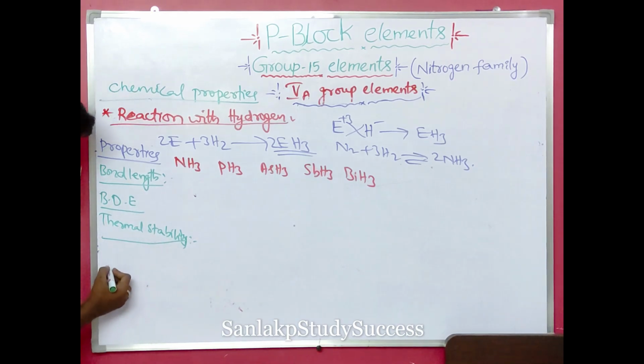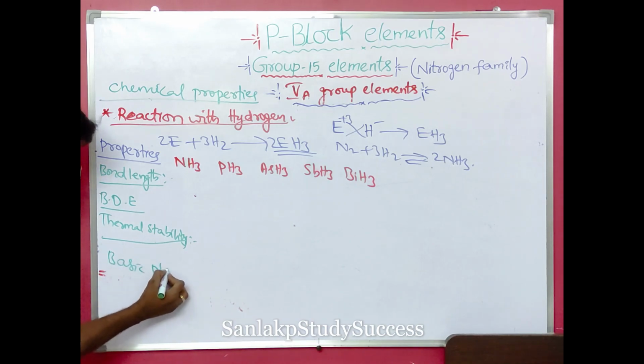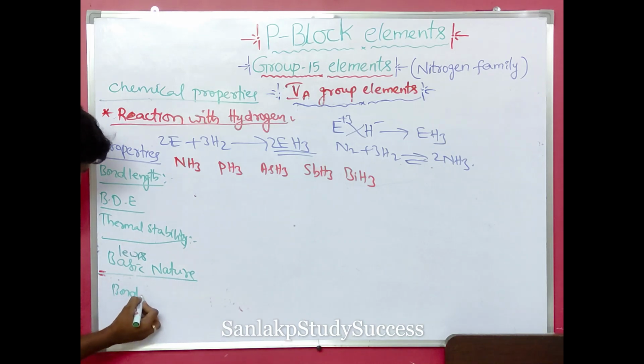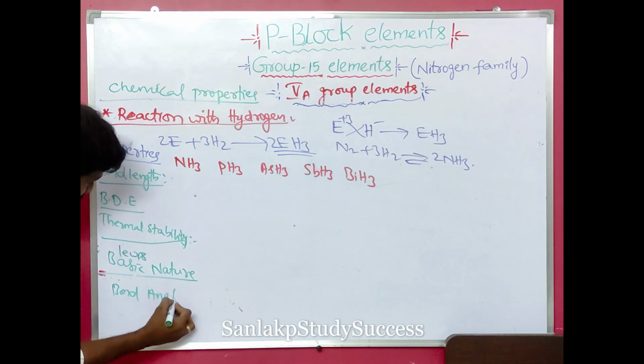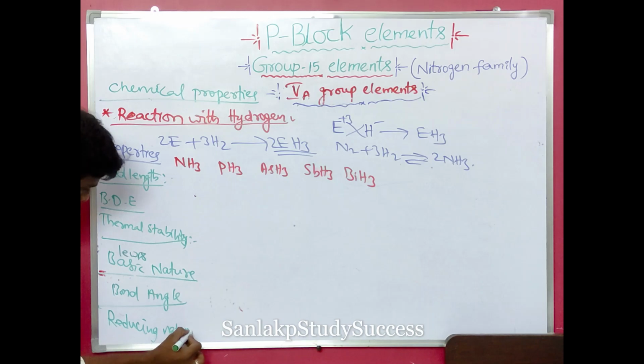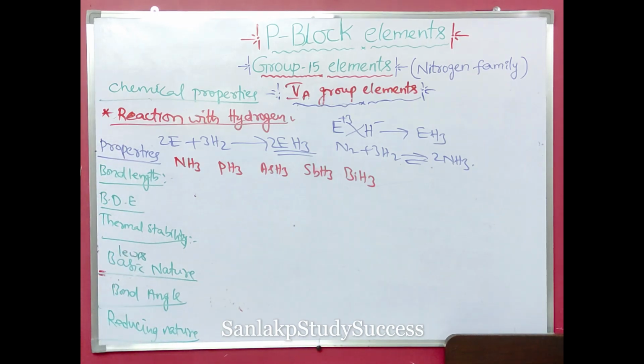Fourth one is basic nature, basicity, Lewis basic nature. Next one is bond angle. And the last one is reducing nature.